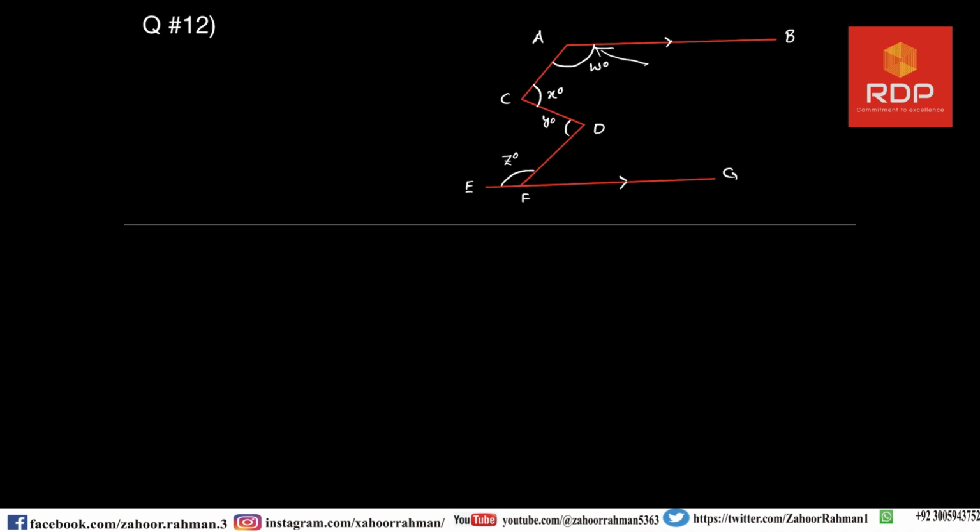They gave us BAC as W degrees. ACD, and that is this angle. They gave us this is X degrees, and DFE, which is this angle, they gave us this angle as Z degrees.